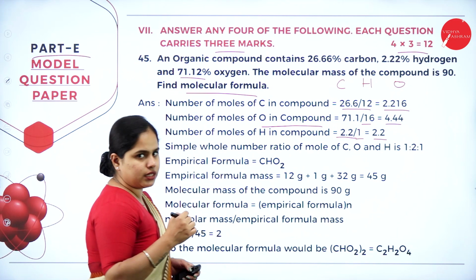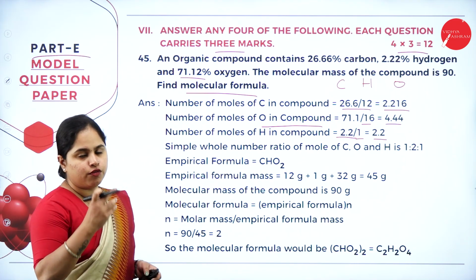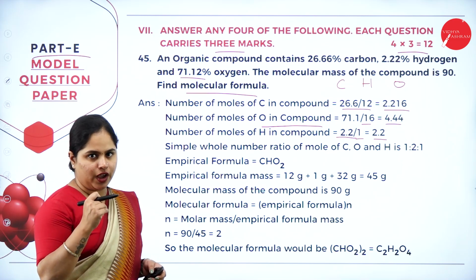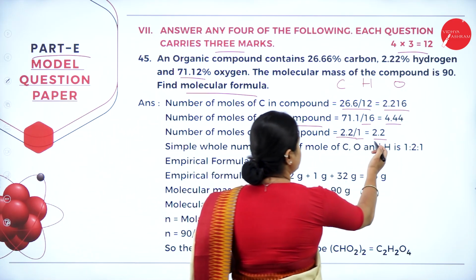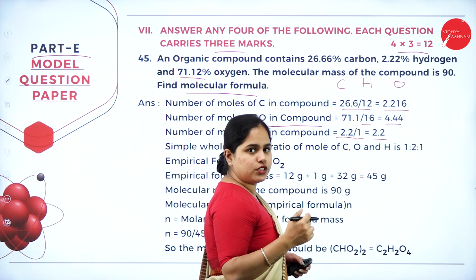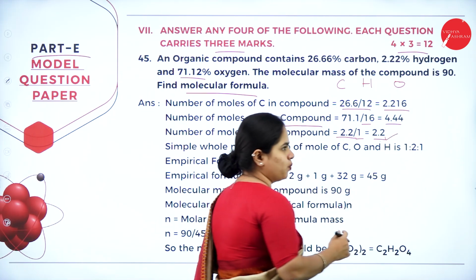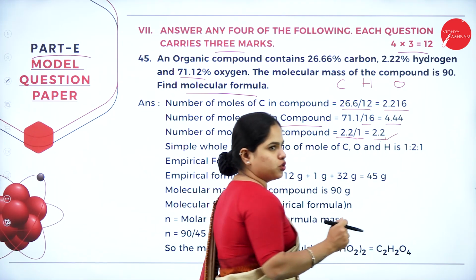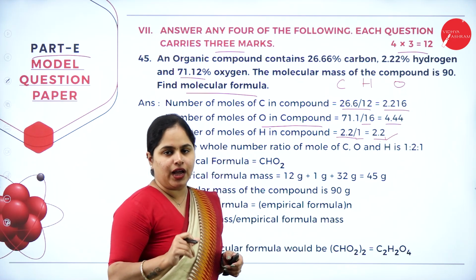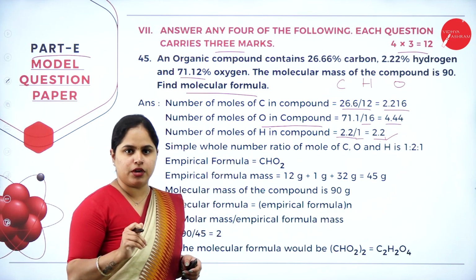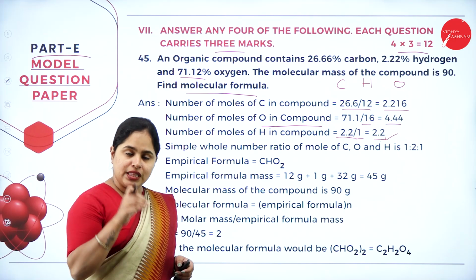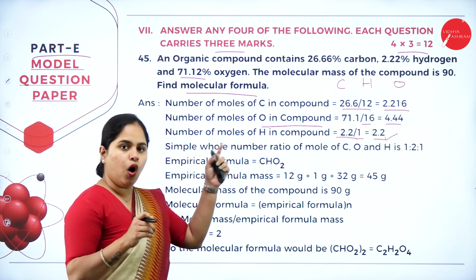Now out of these 3 values, you have to find which is the smallest. You have 2.2, 4.4 and 2.2. Of course the smallest is 2.2. With that smallest value, you have to divide all the other values.